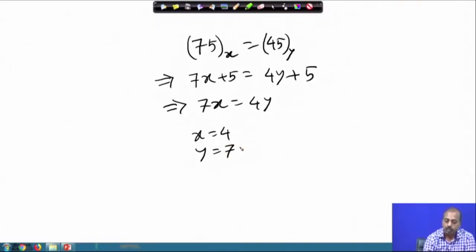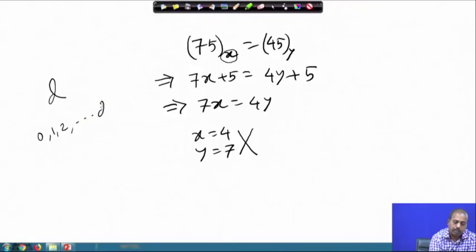But this is not a correct result, because if you look at the number here, 75 to the base x, this x must be more than 7, otherwise the digit 7 is not defined for x. Because if I have a base d number system, then the digits are 0, 1, 2 up to d minus 1.